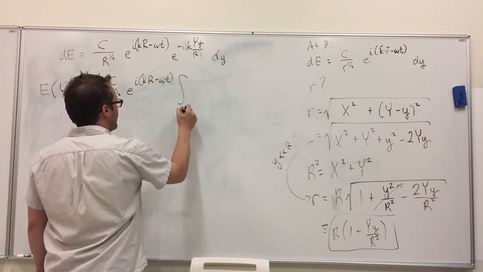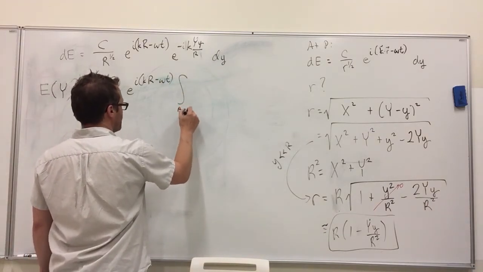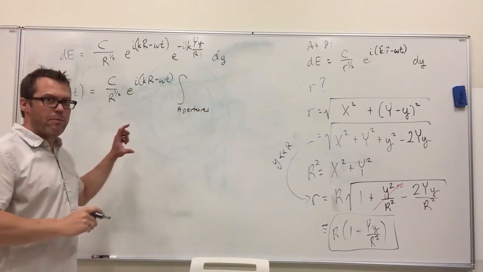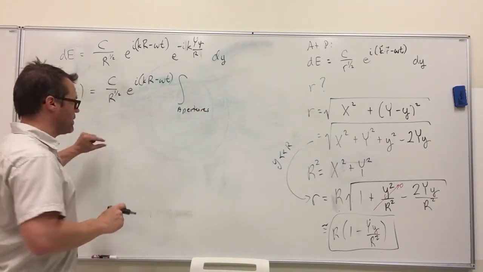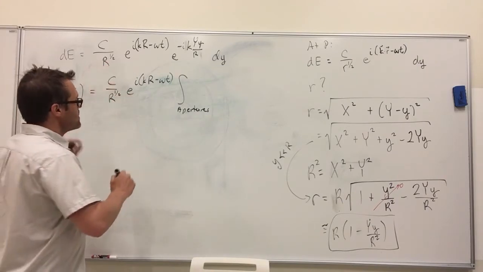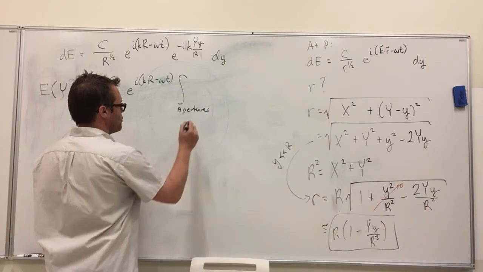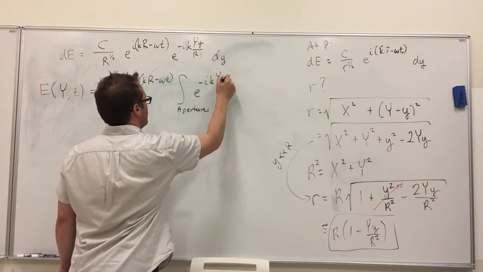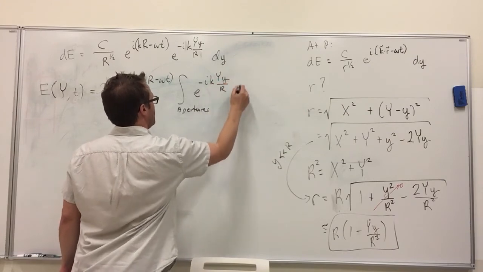And then I have to integrate over all of my apertures. By apertures, I mean all of my holes, because I have to sum up all of the possible little dy contributions. So I have to integrate over all of my apertures this expression, e to the minus i k big Y, little y, over R dy.